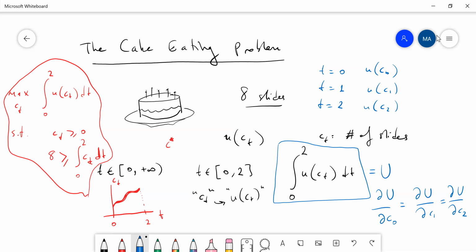There is this resource, the cake, and I want to allocate this resource to some purpose in different periods, right? Now, in such a problem, it is much more realistic to describe this consumer here as an impatient person, okay? Impatience.